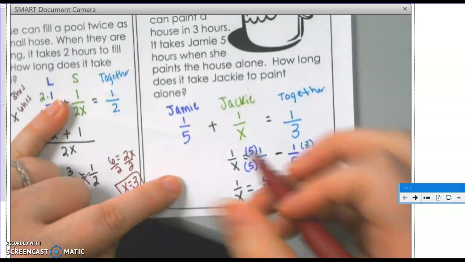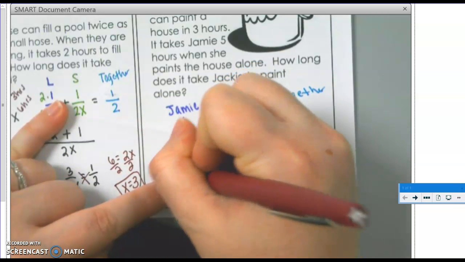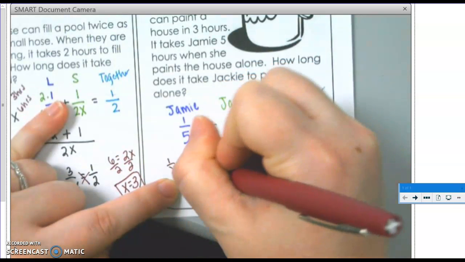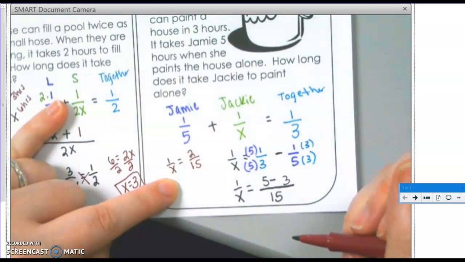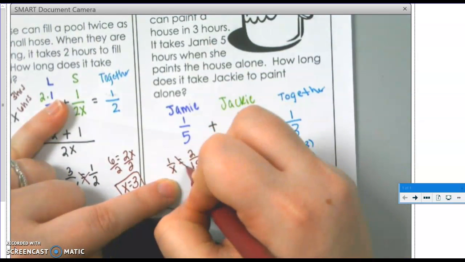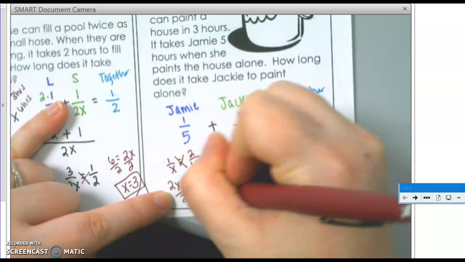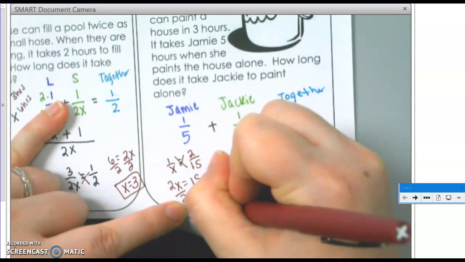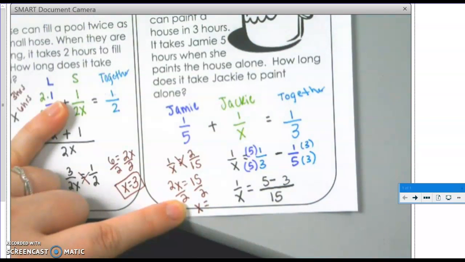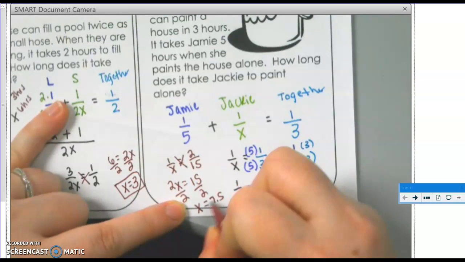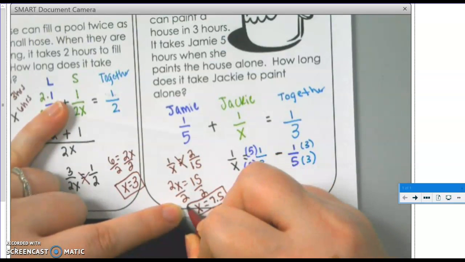But 5 minus 3 is 2, so my new little proportion is 1 over X equals 2 over 15. Cross multiply, divide by 2. So 7.5 hours.